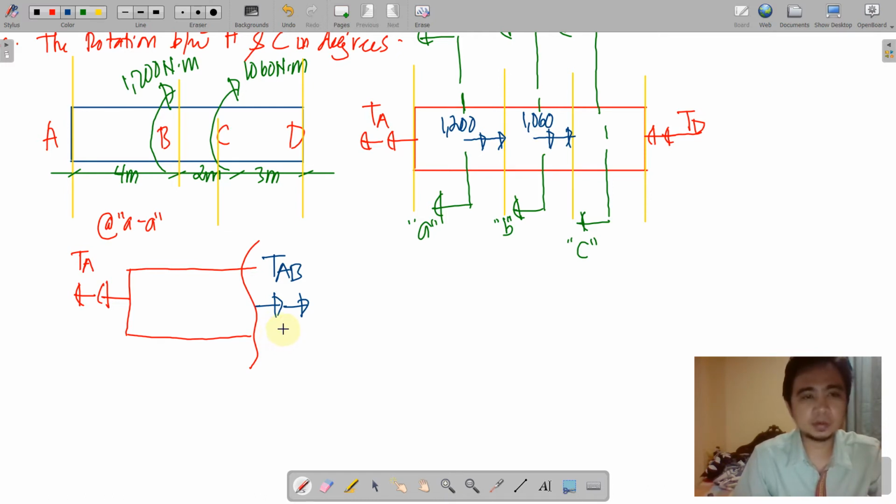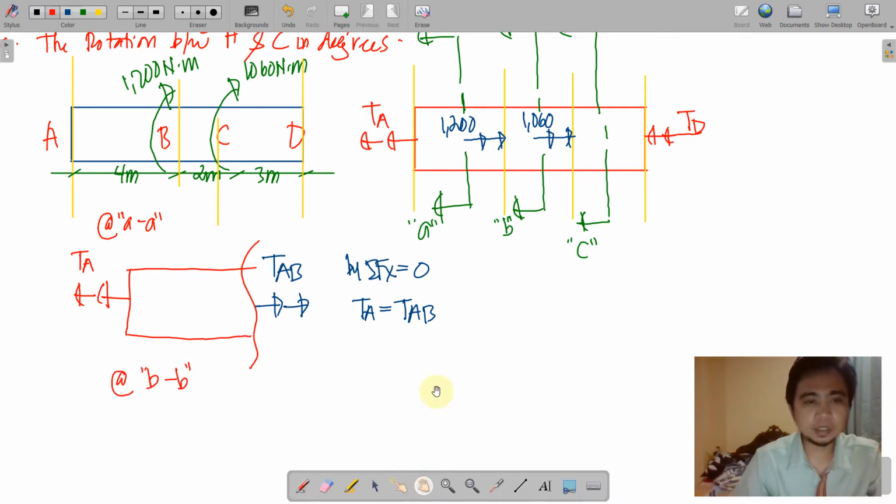Because for consistency purposes, we are going to have one direction assumption, and then we'll just have to rely on the result of the equation, so that the equation will tell us whether our assumption is wrong or correct. So therefore, by summing up forces along the axis, we can say that TA is equal to TAB.